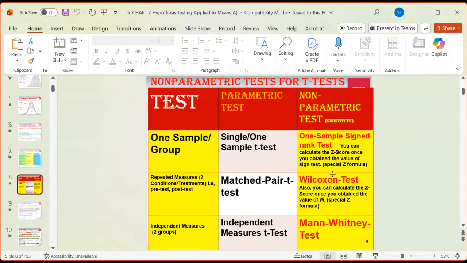We have to use the one sample sign rank test, which in short is called the sign test. Just sign test. Highlight it.